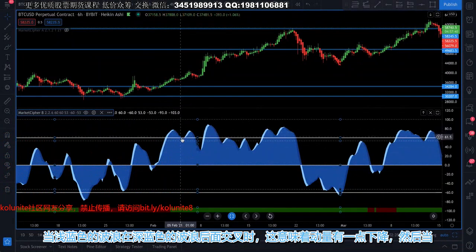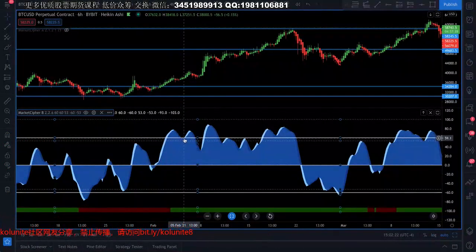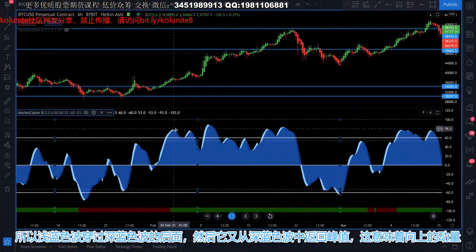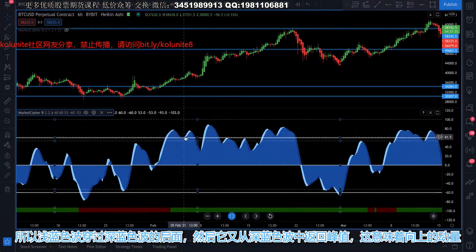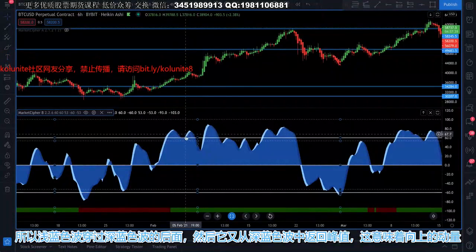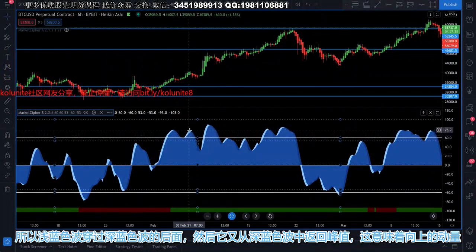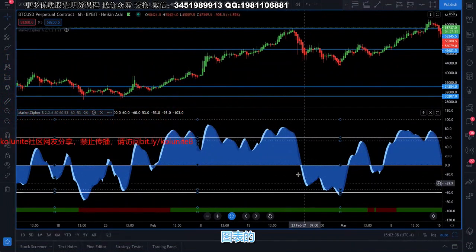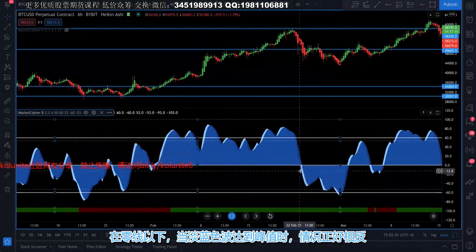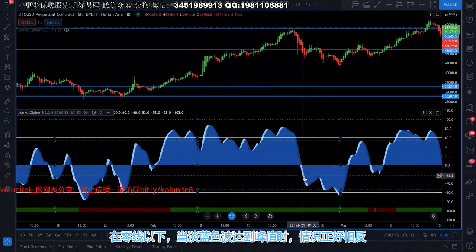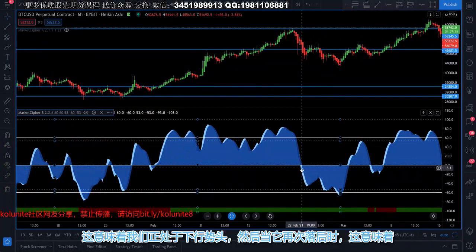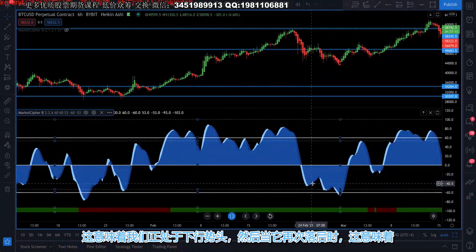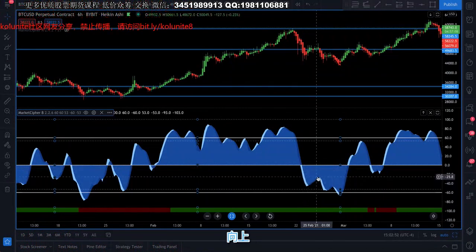Then when the light blue wave peaks back out of the dark blue wave again, that signifies upward momentum. On the bottom of the chart, below the zero line, the opposite is true. When the light blue wave is peaking out, that signifies downward momentum, and when it goes back behind again, that signifies upward momentum.